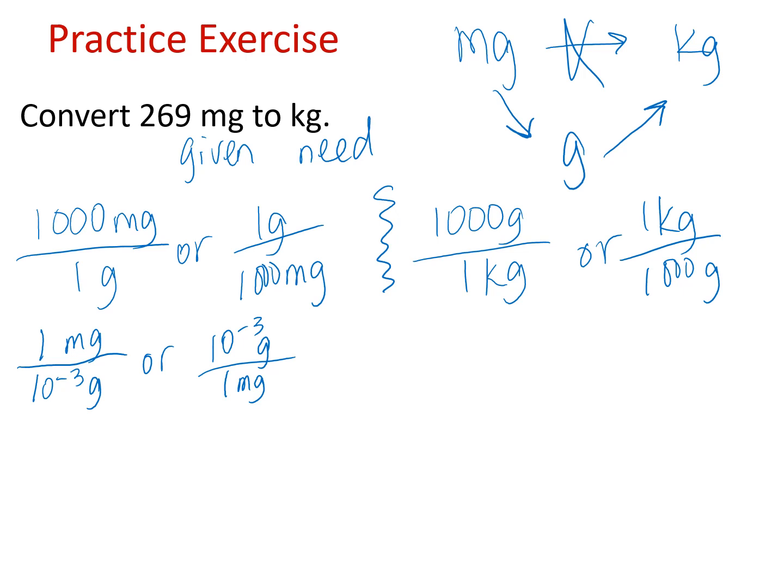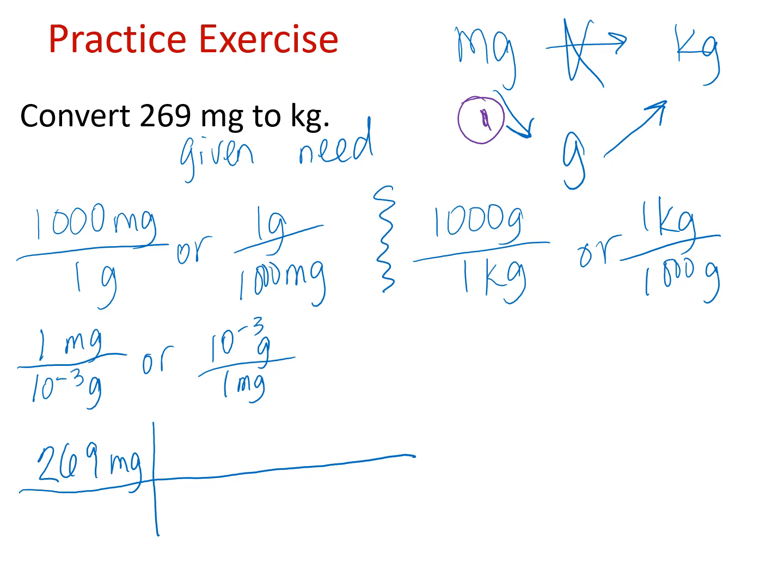We're starting with our 269 milligram. I'm going to do my T-chart, then use my first conversion factor. I'm starting with the milligrams, so I need milligram to cancel so that I can go to the gram. So again, this is where my first conversion factor comes in on my map, milligram to gram.